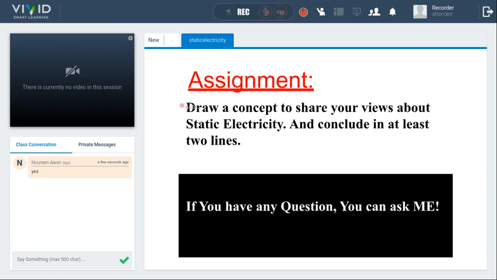The first assignment was to make a list of materials that generally get positive charge and those that get negative charge. The other is to draw a concept to share your views about static electricity and conclude in at least 2 lines what your conclusion was about the concepts of static electricity.